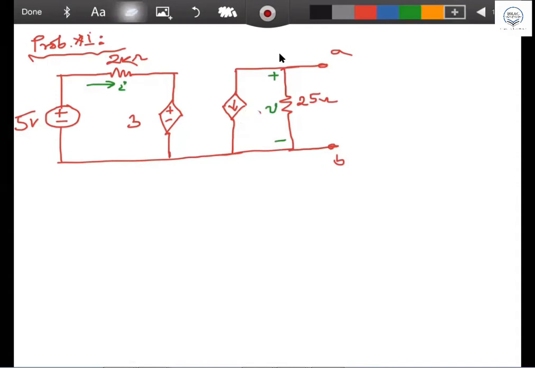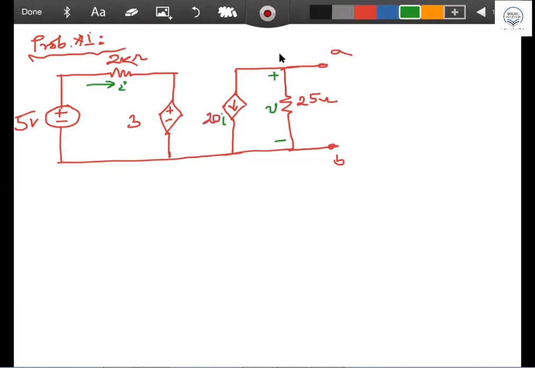20. Right. Now 20 here, I'm writing here 20, 20I, and this is 3V.